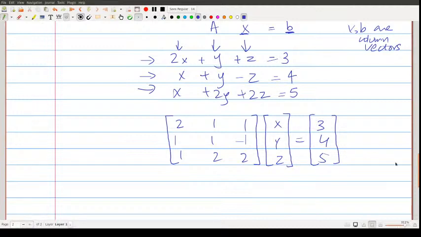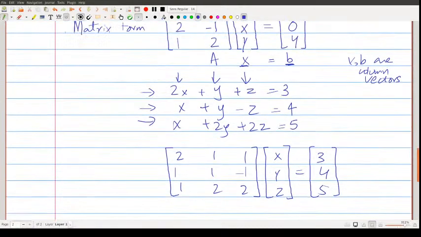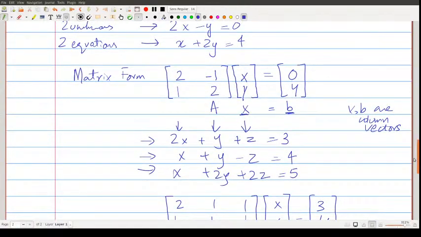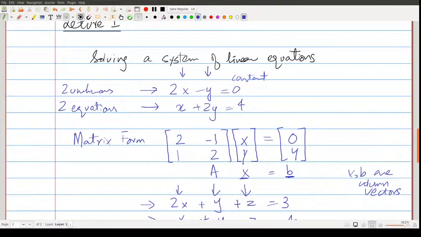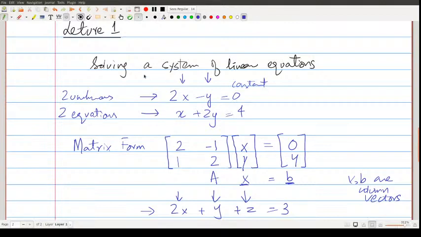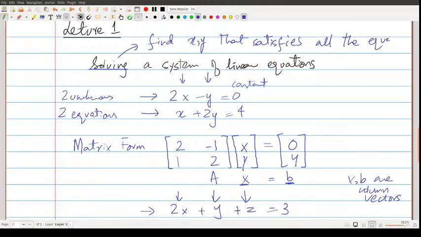And now the question, let's think about what do we want when we want to solve a system, right? When I say I want to solve the system, what does that really mean? So solving the system just means to find a particular value of x, to find an x, y that satisfies all the equations, right?